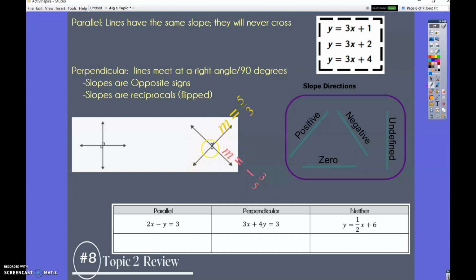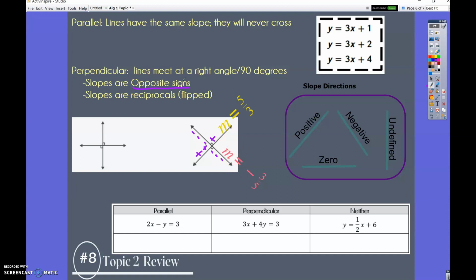Notice how one of these lines is going up to the right, so it has a positive slope, and the other one is going down to the right, so it has a negative. Unless the lines are vertical and horizontal, one of them will always have a positive slope and the other one will have a negative slope. That's why we say the slopes are opposite signed.